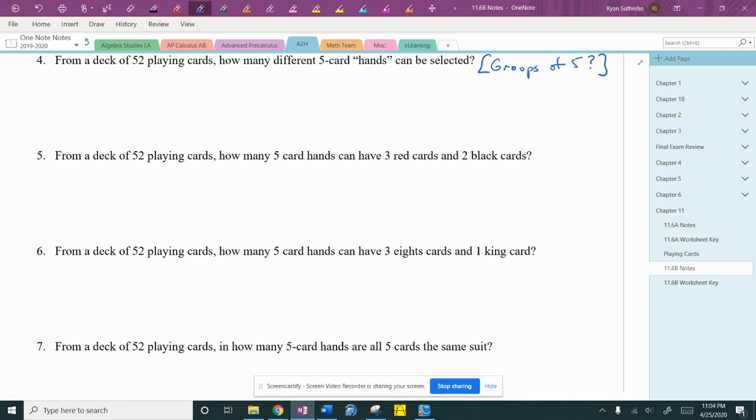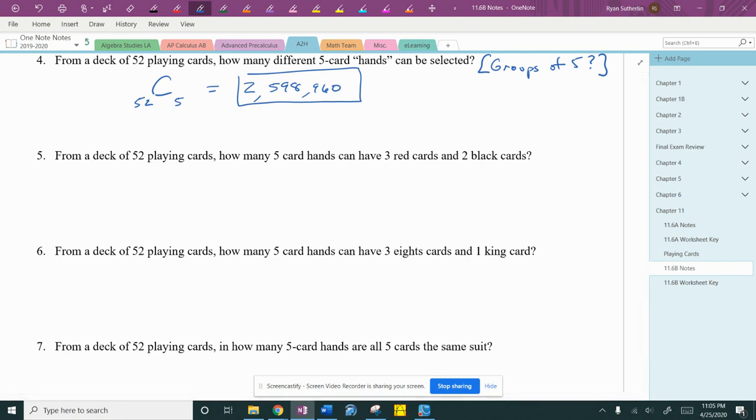Once you get the cards, you can put them in any order you want, but it doesn't matter if you got the 2 of spades first or the ace of diamonds first. You're just given 5 cards. Since the order doesn't matter, this is a combination of 52 choose 5, which comes out to be 2,598,960 different combinations that you could get in any hand of cards.